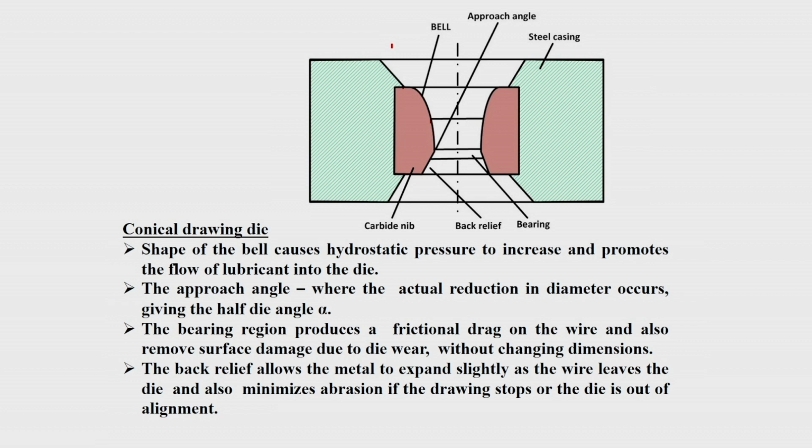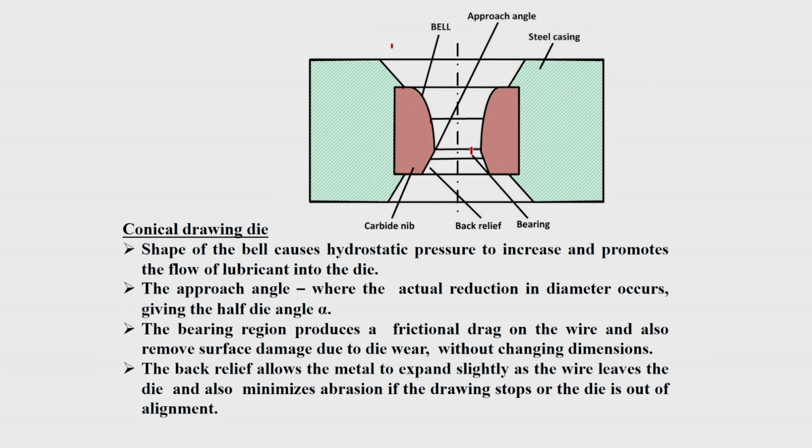This is followed by a bearing region. It produces a frictional drag on the wire and also removes surface damage due to die wear. If it is not there, there may be some surface damage.